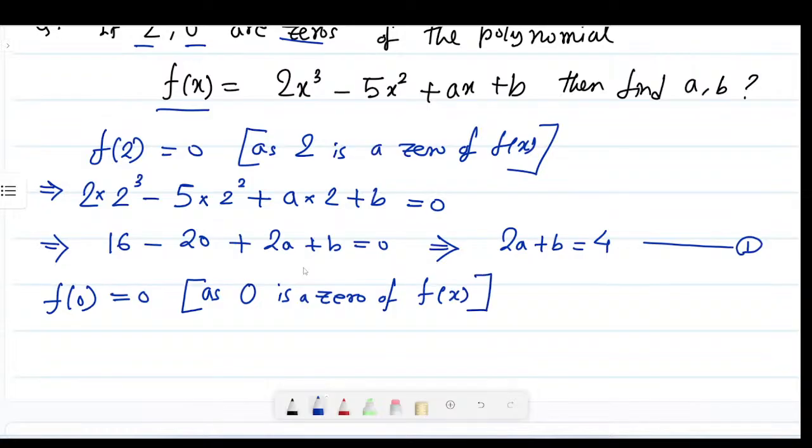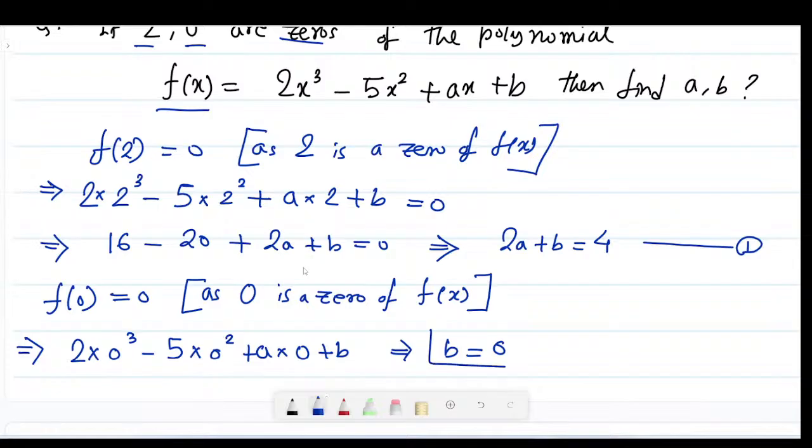So I'm just putting the value 2 into 0 minus 5 into 0 square plus a into 0 plus b, and that implies b equals 0, because every term will be cancelled out here.